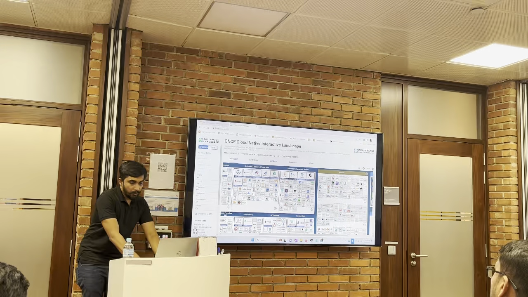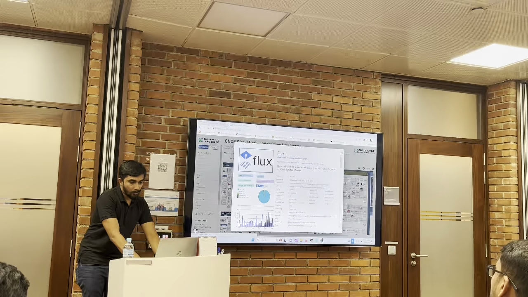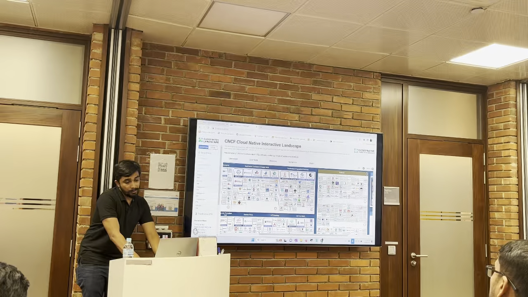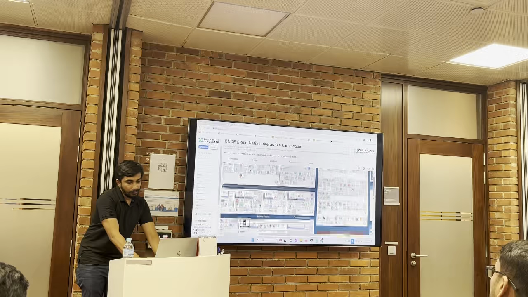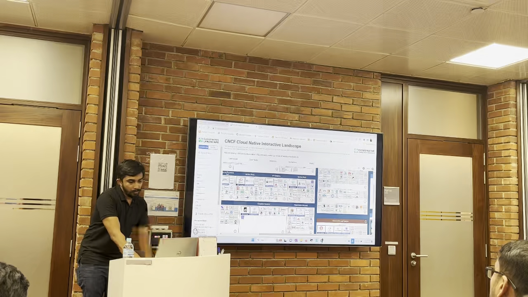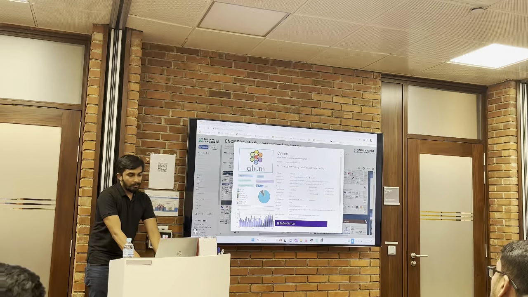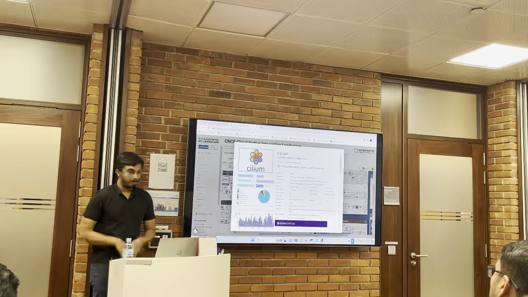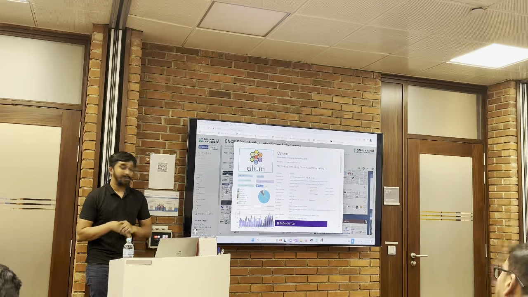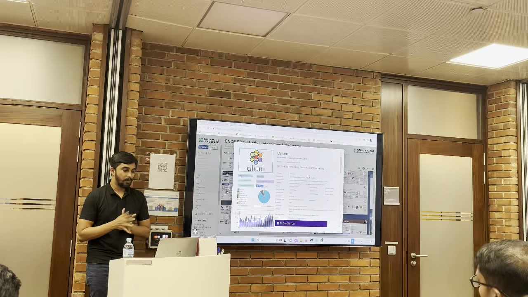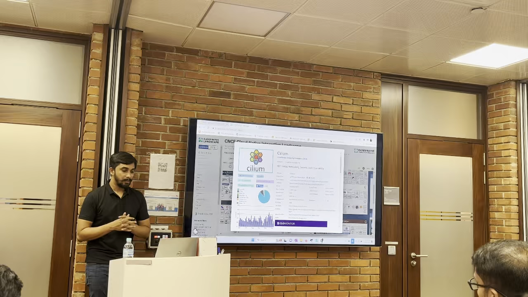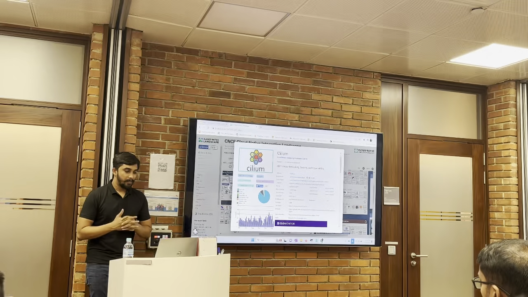And like I said, Flux is similar to Argo CD. It serves the same purpose. And one of the other projects I like is Cilium. This one is also something new. It uses something called eBPF technology for service mesh and things like that, so you can reduce the footprint of your service mesh deployment.